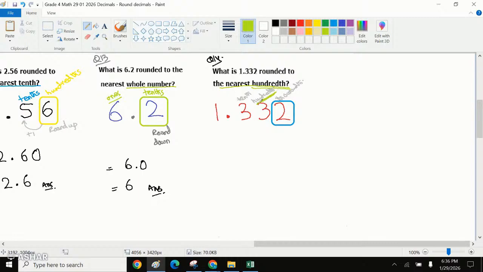That means we have to keep the hundredth position. So we look at the number after the hundredth, that is the thousandth. Since this is a 2, the 2 always rounds down. That means 2 cannot affect the number before it. 2 will not change the number before it. That means 1.330, or we can simply say 1.33 is the answer. Agreed?